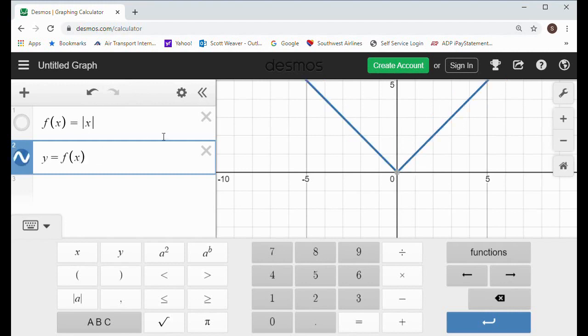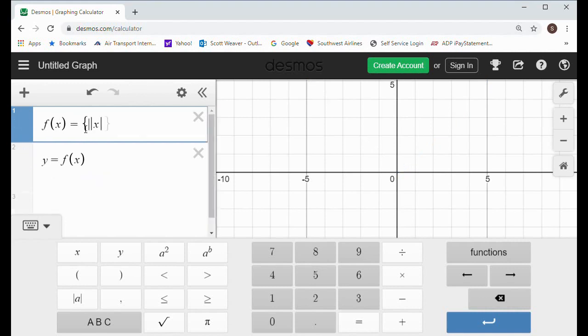Now for the horizontal compressions and stretches, it'll be better to look at that with a slight modification to this particular function. What we're going to do here is very similar to what we did to define a piecewise function. We're going to make it a partial version of this, and I'm going to say -5 less than or equal to x, which is less than or equal to 5, and then colon.